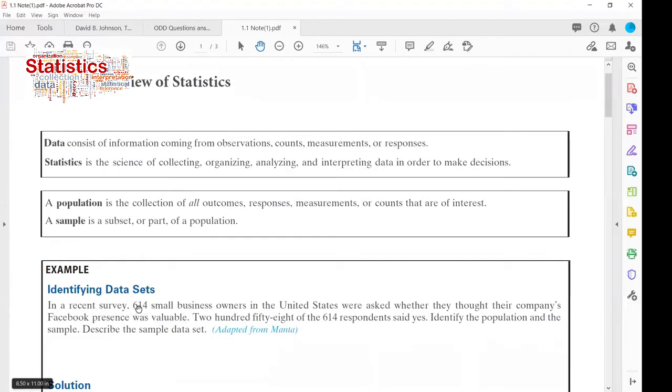Out of 614 of them, 258 respondents said yes. Identify the population and the sample.